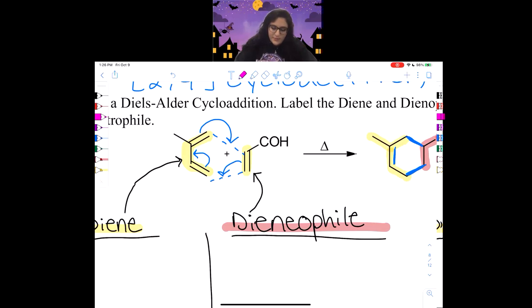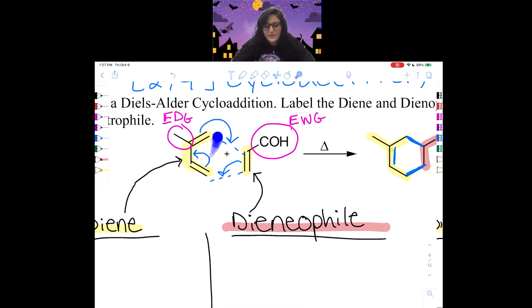This group and this group are just substituents that are attached that either help or slow down the reaction. We'll talk about why in a moment, but this is an electron donating group, and this is an electron withdrawing group. We have these groups attached because if the electron donating group is on the diene and the withdrawing group is on the dienophile, it makes the reaction much, much faster.